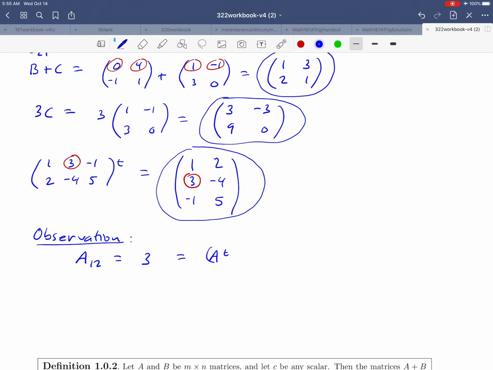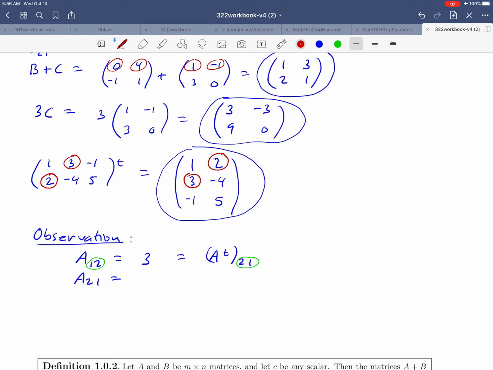If we look at the transpose matrix, the second row and the first column, notice that over here we have 1, 2, and over here we have 2, 1. Those positions reverse themselves. And this works for any entry. Let's just try another experiment. If we start with A2,1, that would be the entry in the second row in the first column. Where did that 2 end up? It ended up here.